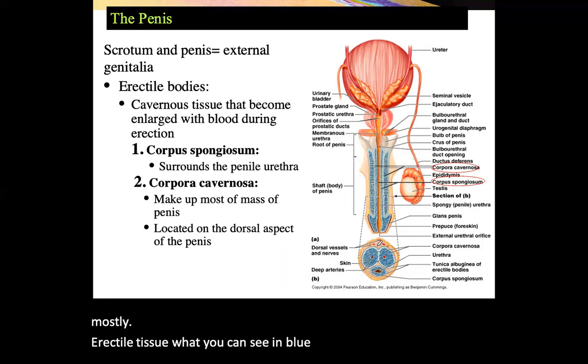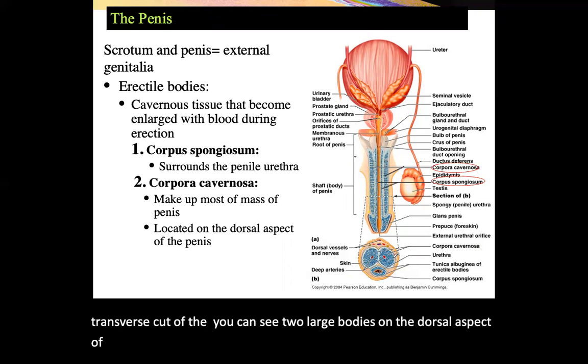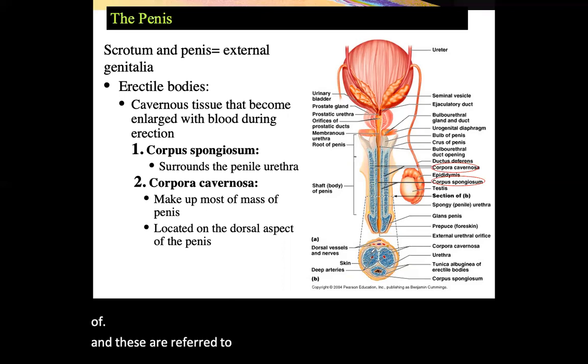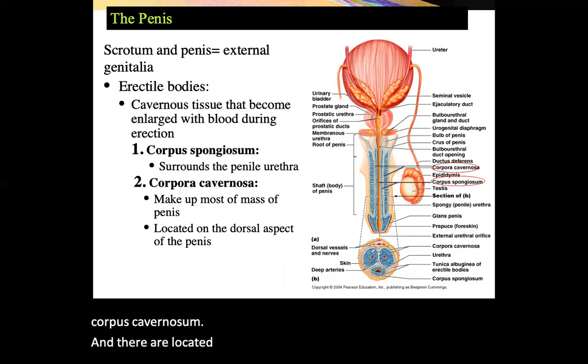If you look at a transverse cut of the penis, you can see two large bodies on the dorsal aspect of the penis, and these are referred to as the corpus cavernosa if we're talking about both of them. If you're talking about one of them, it would be corpus cavernosum, and they are located in the dorsal or posterior aspect of the penis.